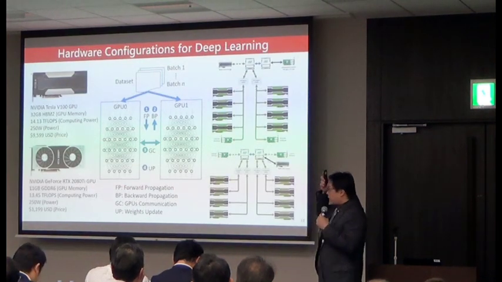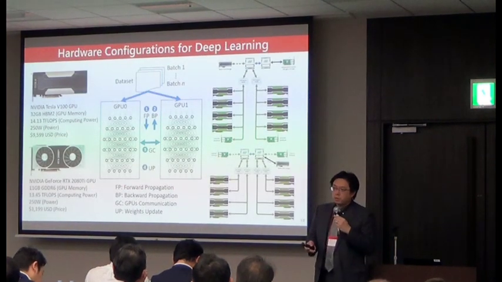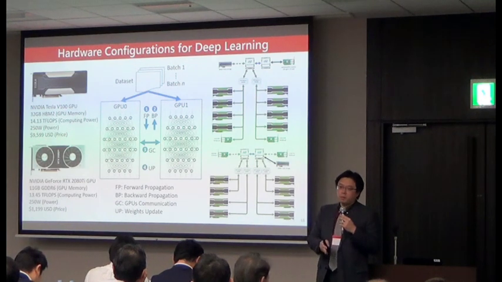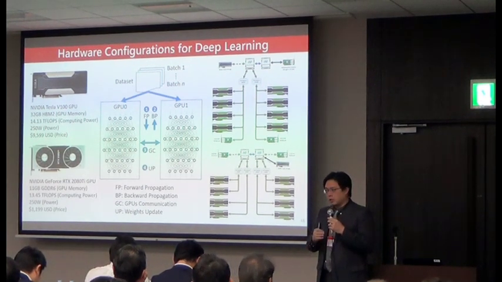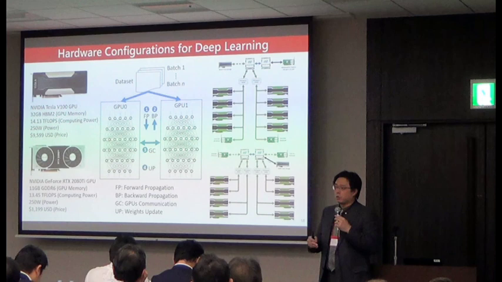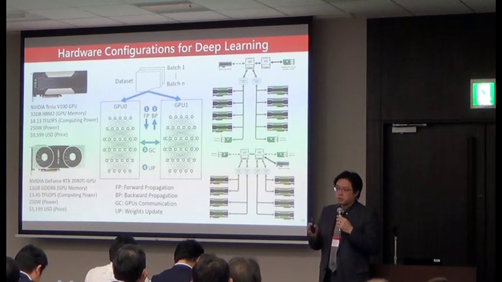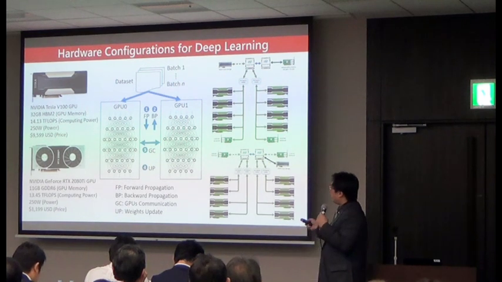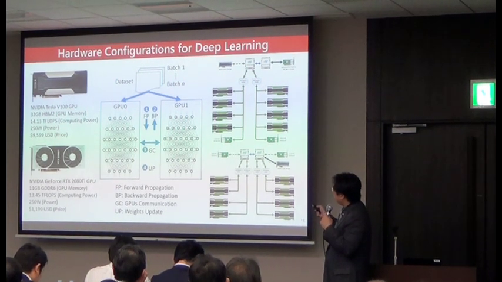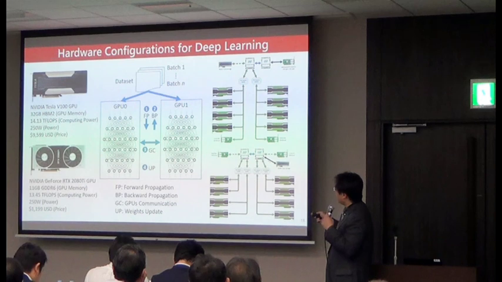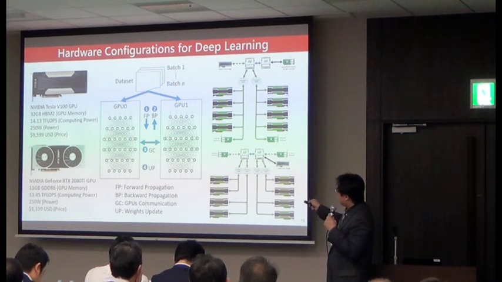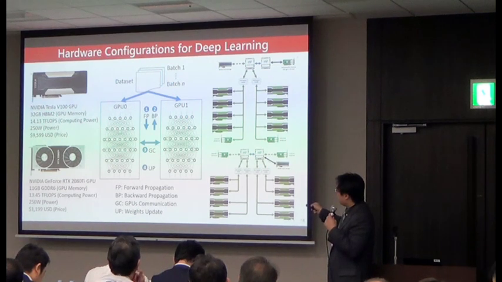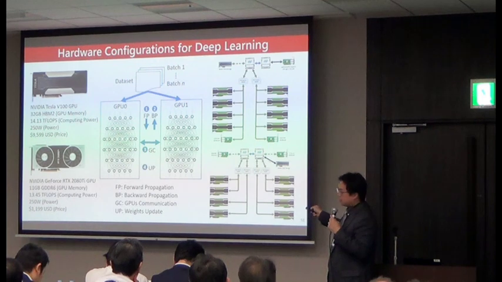Okay, because we focus on software, but we are still familiar with the hardware part. Because in a training environment, you want to have a well integrated system, that means software and hardware. So we need to know what the whole hardware configuration is good for deep learning. It's about data flow. Each GPU has a model inside, and you load a batch of the training data set.